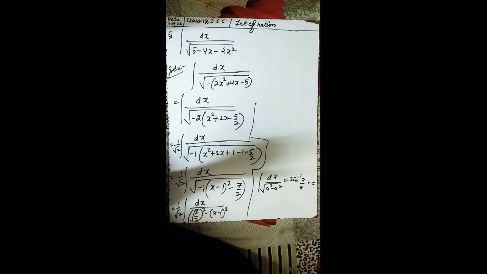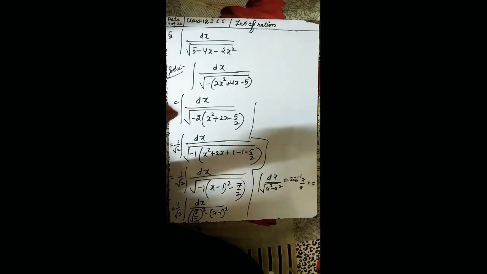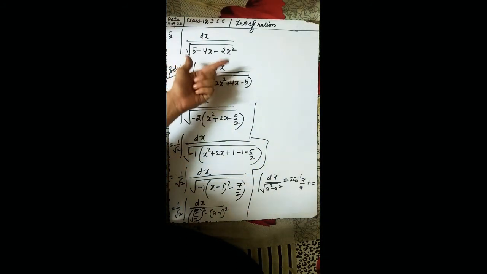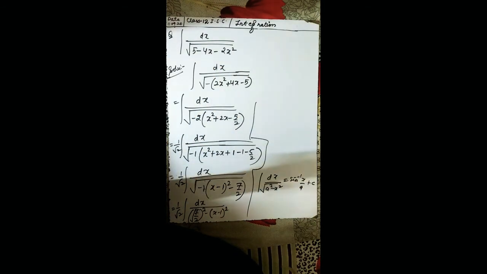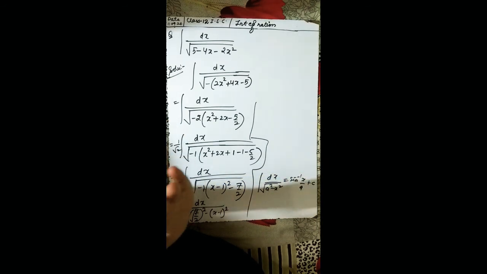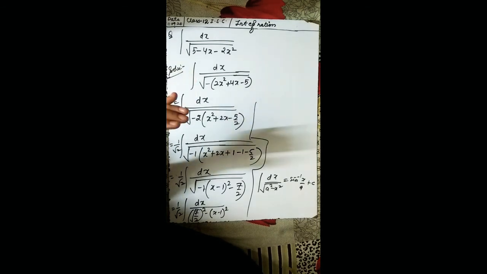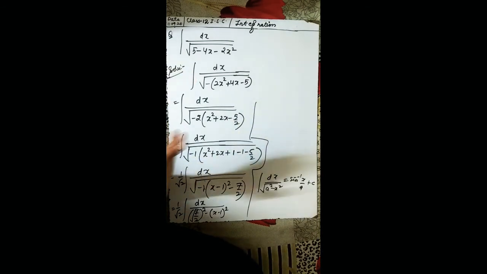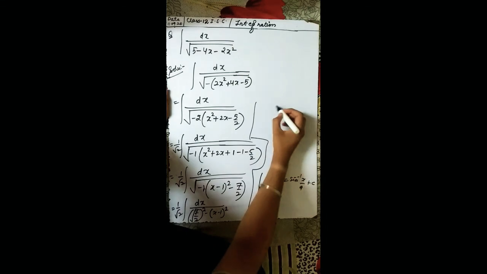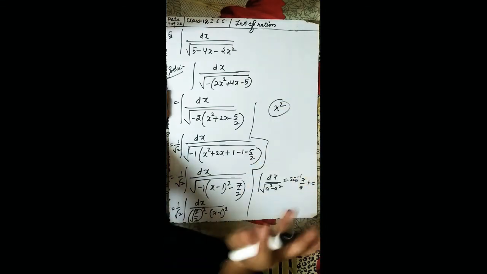Okay, so the same completing the square method we are going to use in the denominator, but this is not in the proper form which the completing the square process requires. As I told you, there are some conditions of the process, you have to follow them. That means x square should be totally alone.